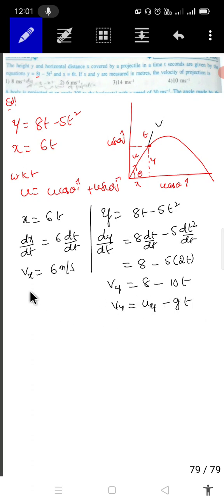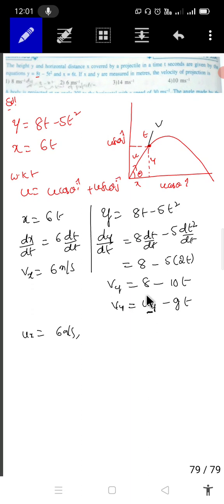In this condition, the horizontal component remains constant at any point. That's why ux equals 6 meter per second only. The vertical component, this is the total velocity at t, but we need to find the initial vertical velocity.